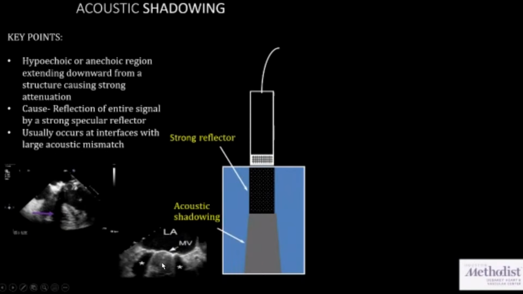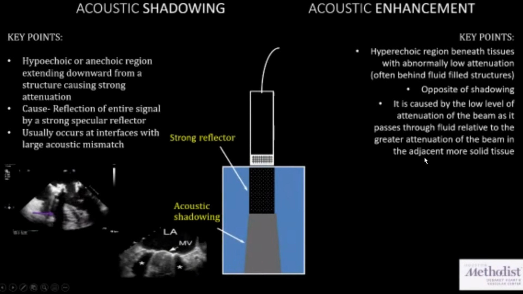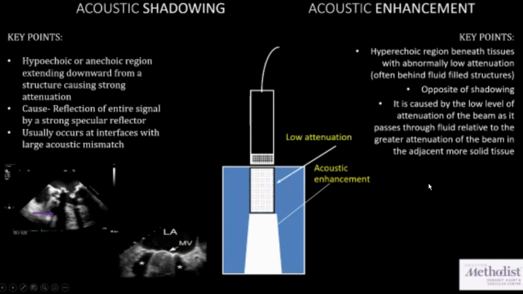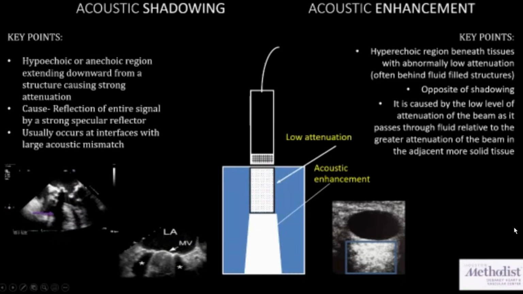This picture again shows acoustic enhancement, and this is acoustic shadowing. Acoustic enhancement, on the other hand, is a hyperechoic region beneath tissue with abnormally low attenuation, caused by the low level of attenuation of the beam as it passes through the fluid relative to the greater attenuation of the beam in the adjacent tissue.